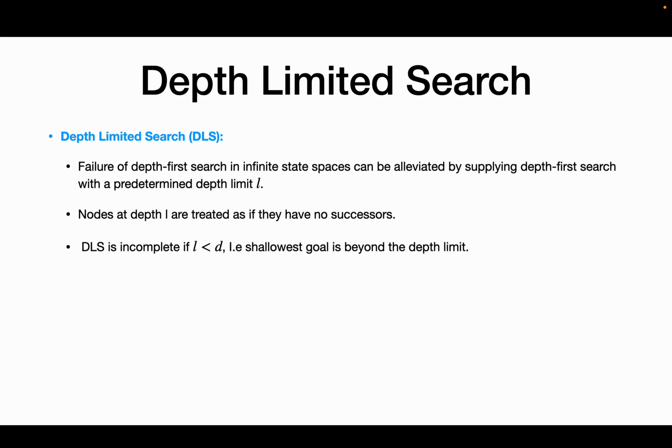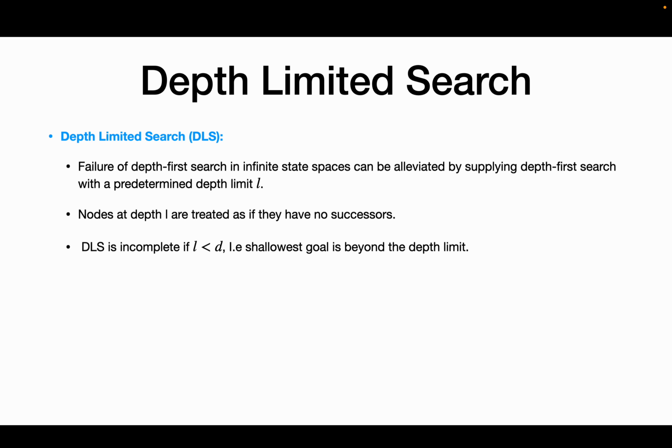So there are two cases. Suppose there is a tree which has a depth d, and we set the limit L to be less than d. Then there is always a possibility that our goal node lies beyond L and we don't reach that goal node.